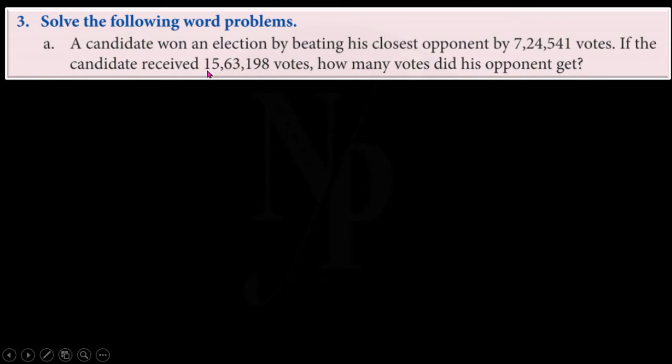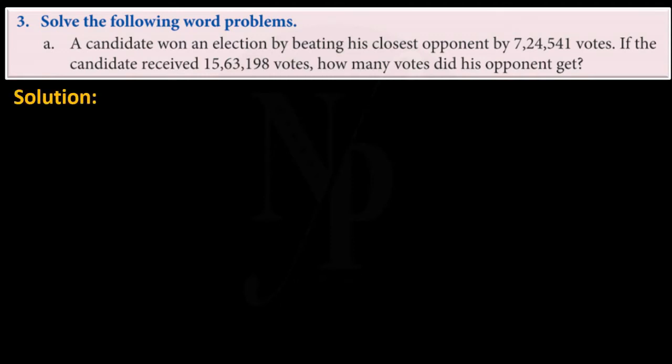It is 15,63,198. So now we have to find out the number of votes obtained by the closest opponent of the winning candidate. So let us solve this now.